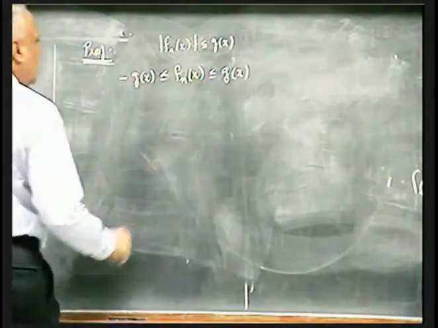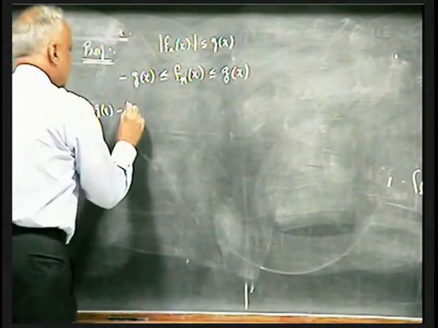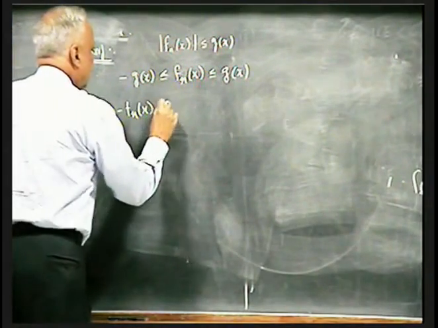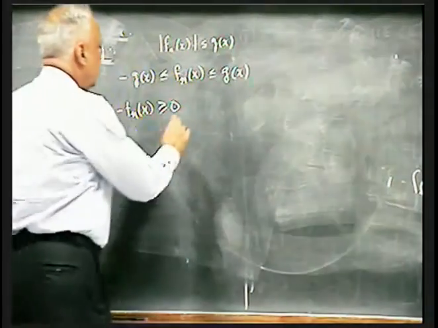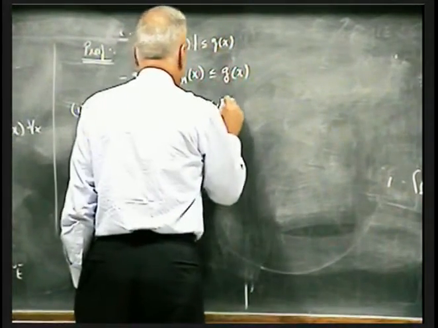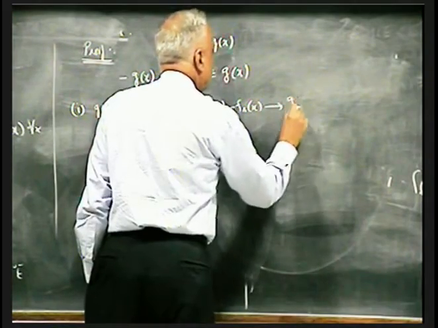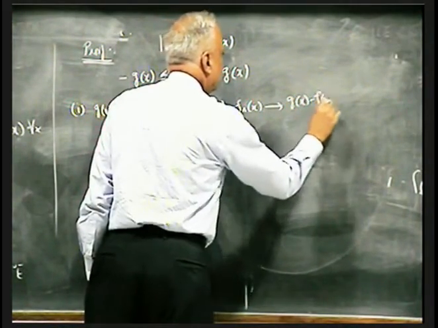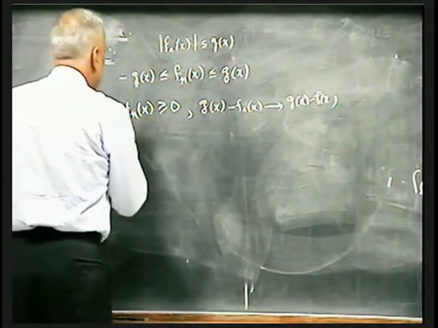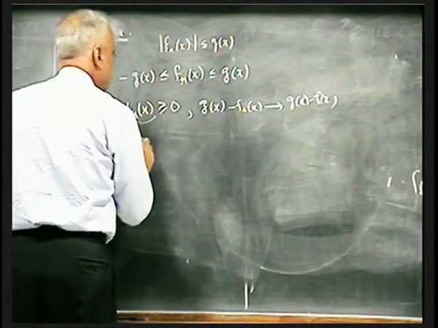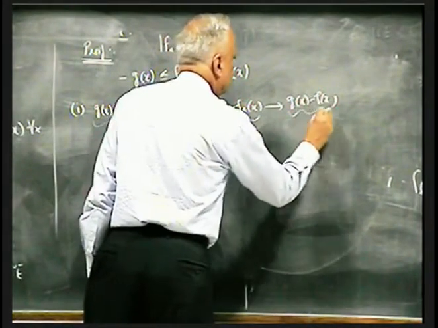Now this says g of x minus fn of x is greater than or equal to 0, and g of x minus fn of x tends to g of x minus f of x, because fn of x converges to f of x. So let's call it hn, and so hn converges to h.